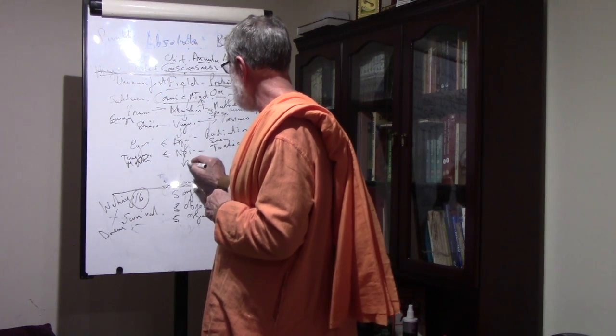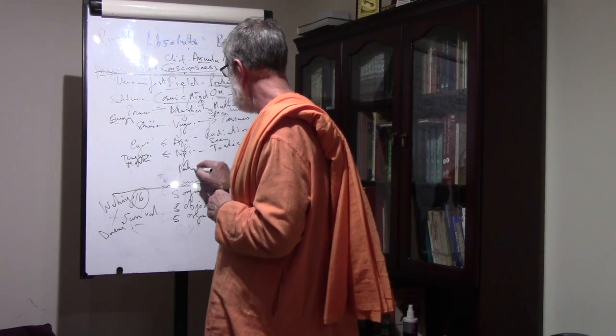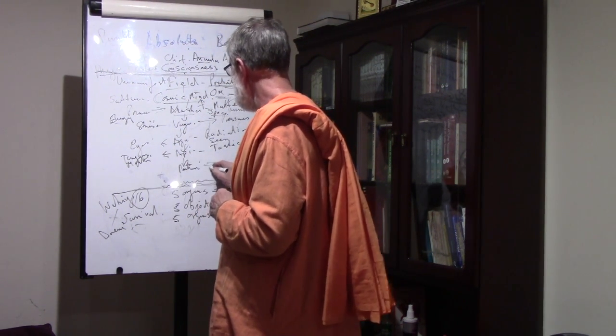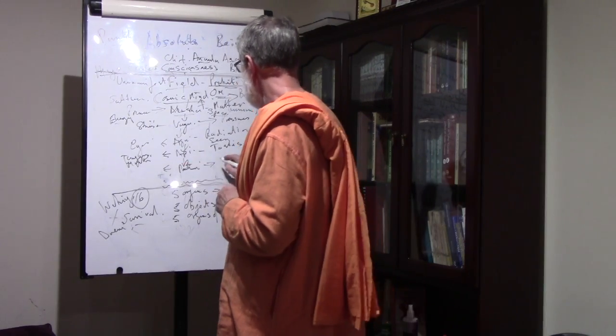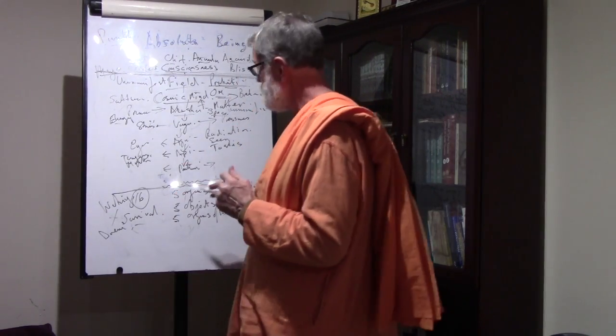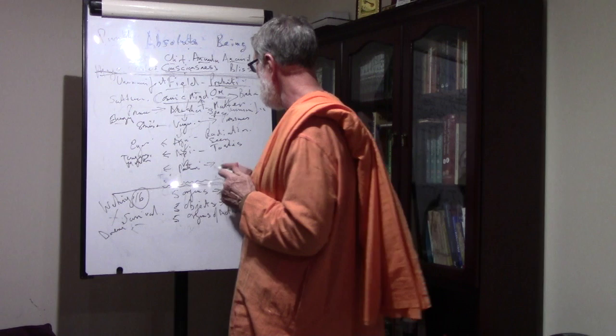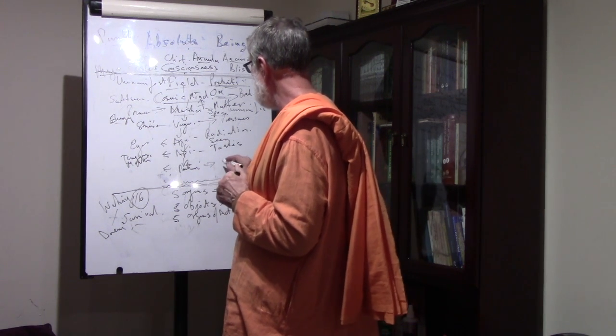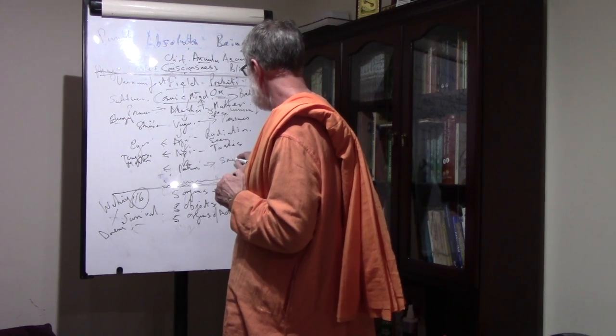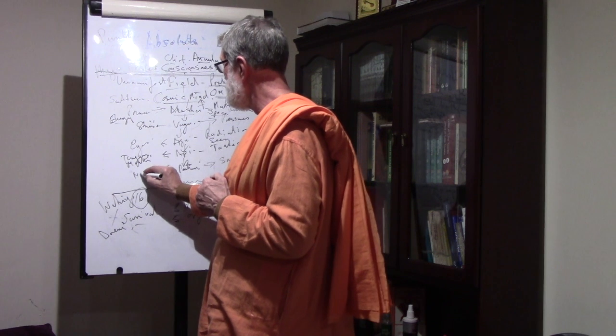And then finally Prithivi, that is all solids which are there in potential state, that is in a subtle state I should say. And we find here then all smells, all noses that catch it.